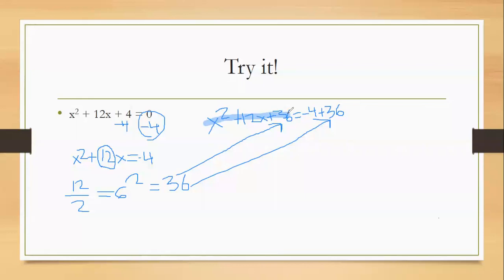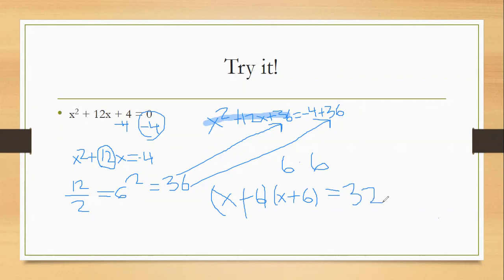So factors of 36 that equal 12 is 6 and 6. 6 times 6 gives you 36. 6 plus 6 is 12. So we have x plus 6 and x plus 6. Now this equals -4 plus 36, which is 32.